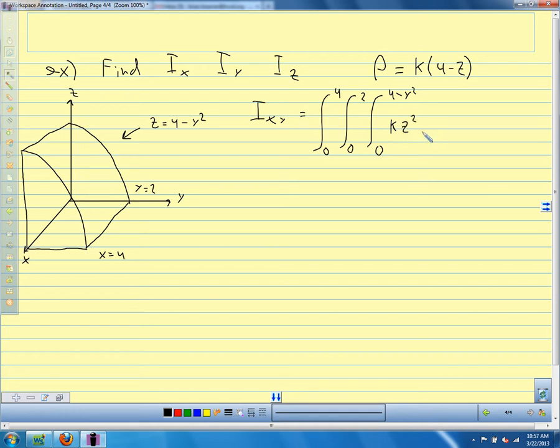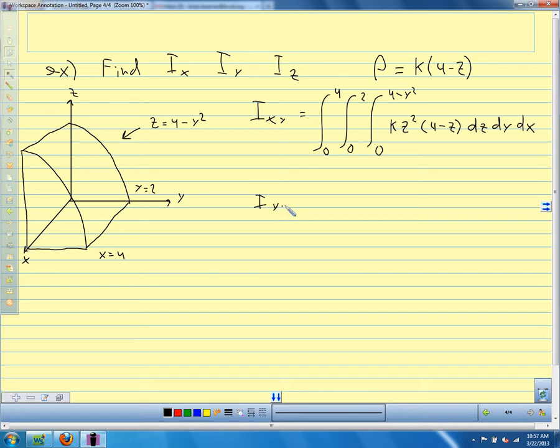Our distance is z squared, 4 minus z dz dy dx. And I normally like to set up my triple integrals in the order dz dy dx, just like double integrals, I like dy dx. It's just the order that I usually choose to set them up. So that's going to be our moment about the xy plane, a second moment.